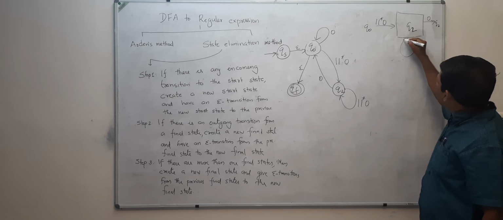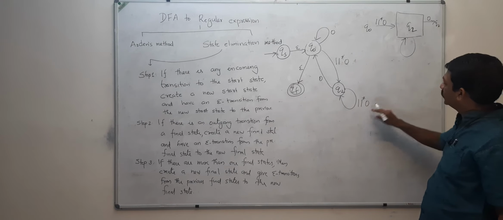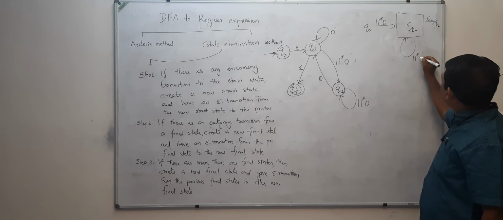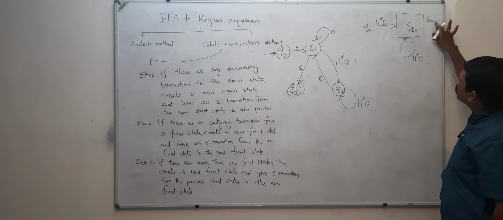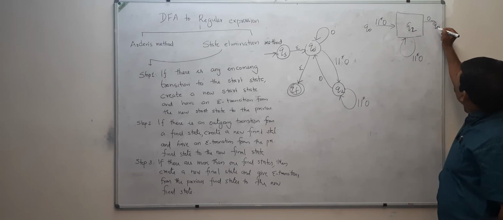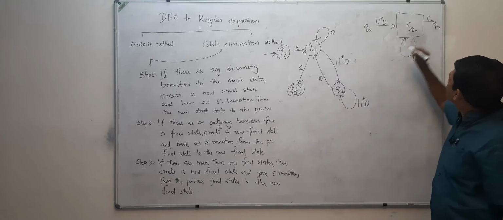There is a loop for Q2 which is again 1 star 0, and there is an outgoing transition to the state Q0, and that is having label 0.